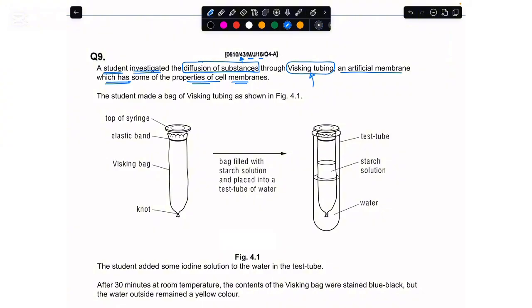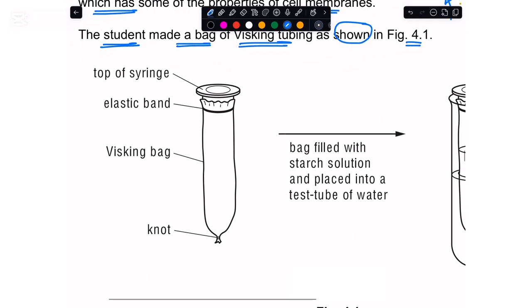where they can control the entry and the exit of the substances. Now, what they have to tell us is that the student made a bag of the Visking tube and they are showing it in figure 4.1. If you look at this diagram, you see that we have got the top of a plastic syringe, and at the end of the plastic syringe they have attached the Visking bag.